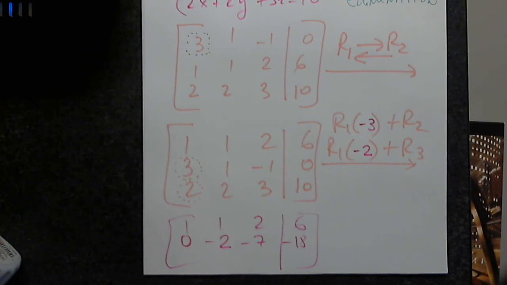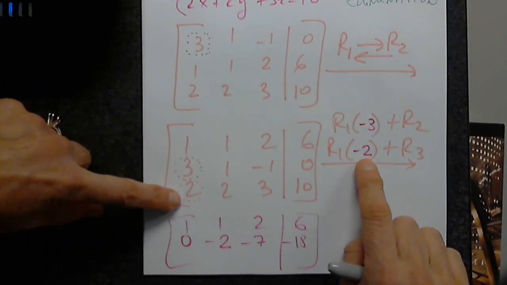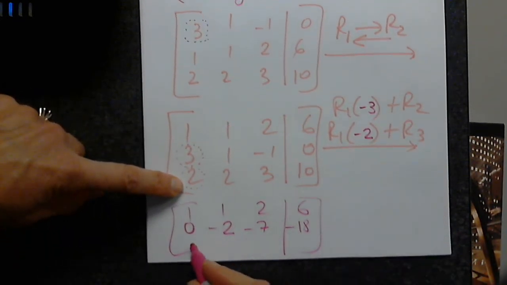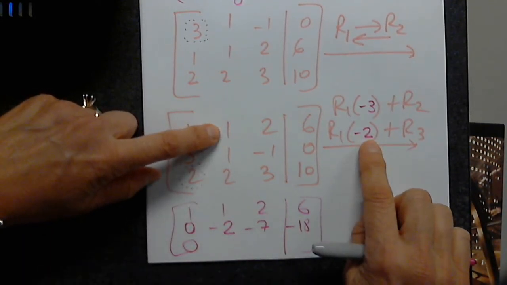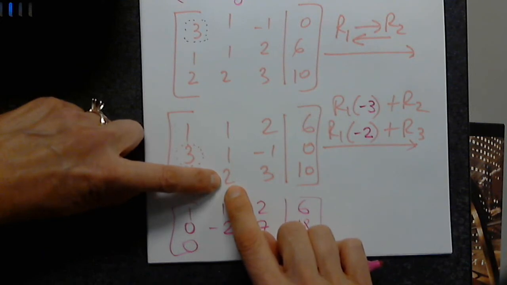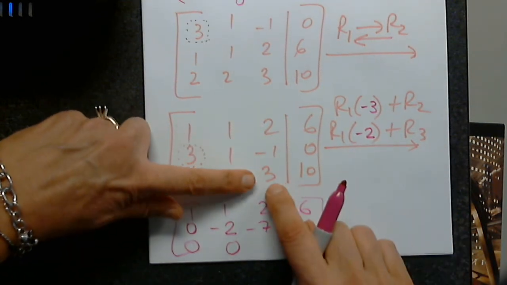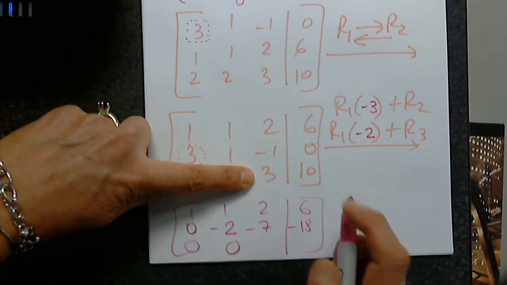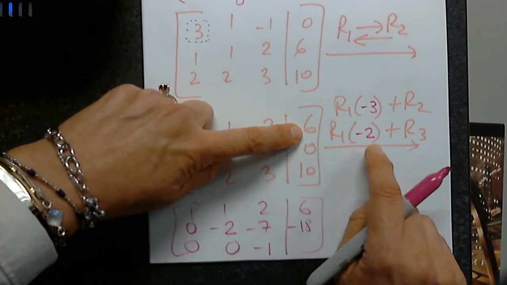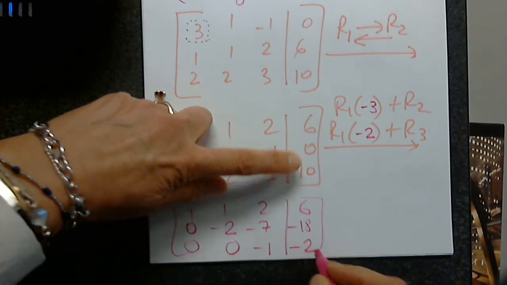Is this okay, everyone? 1 times negative 2 plus 2. 1 times negative 2 plus 2. 2 times negative 2 plus 3. Very good. 6 times negative 2 plus 10. Very good. Awesome.